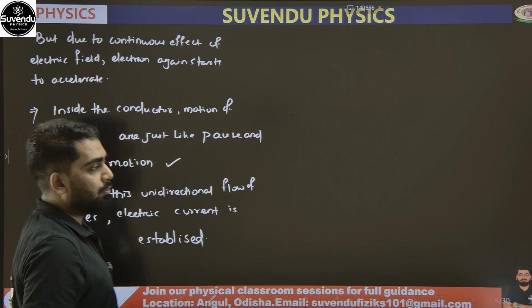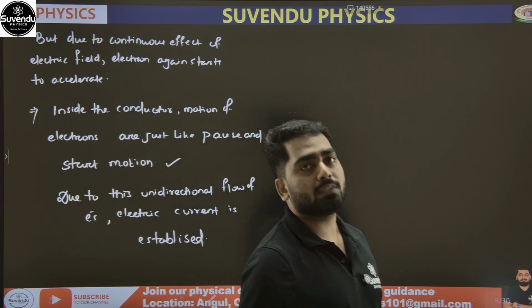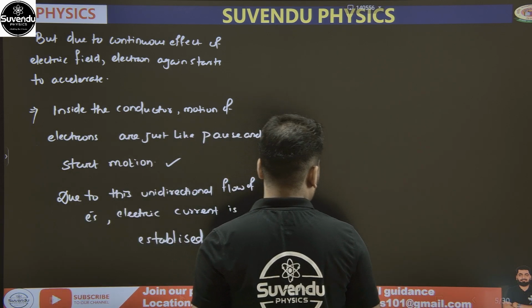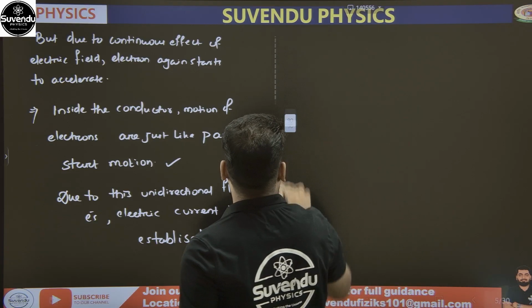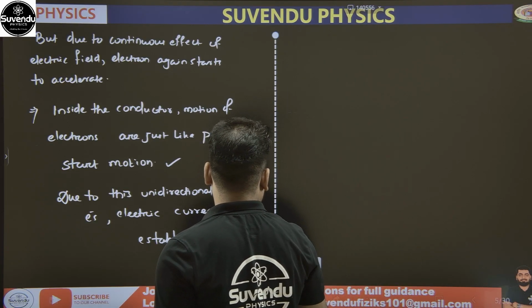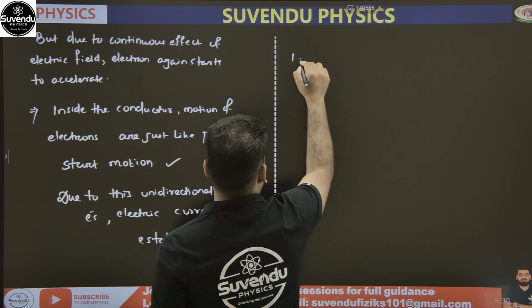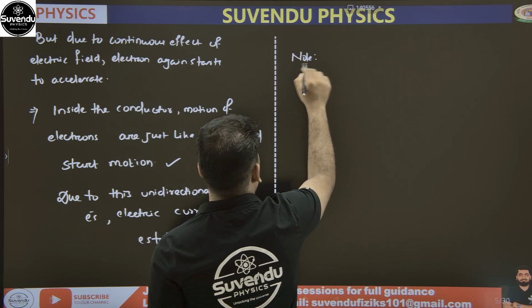I think it is clear to all of you. So what is the role of the battery or cell? The battery or cell provides a constant potential difference across the two ends of a conductor.